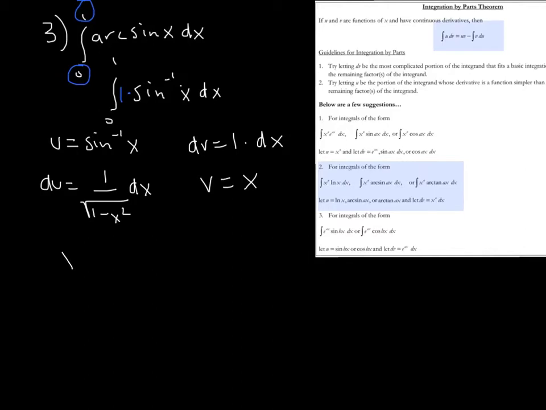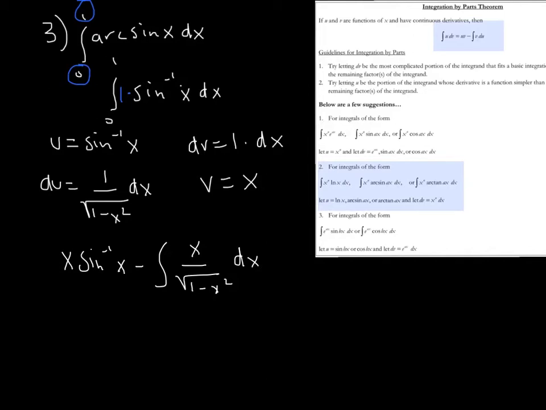x inverse sine of x minus the integral of v, which is x, du, which is 1 over the square root, so I'm going to write it as 1 minus x squared dx.